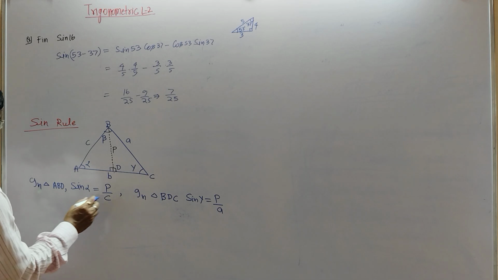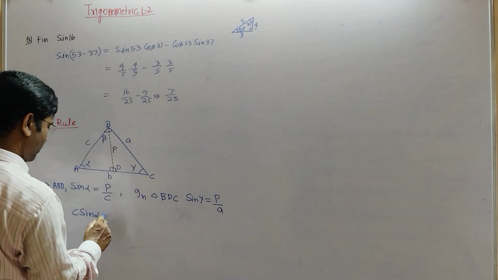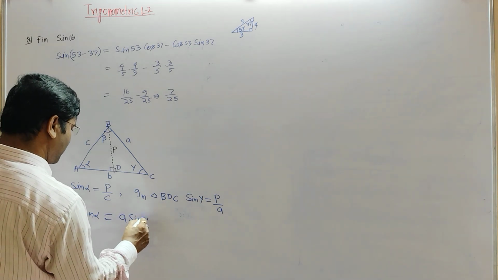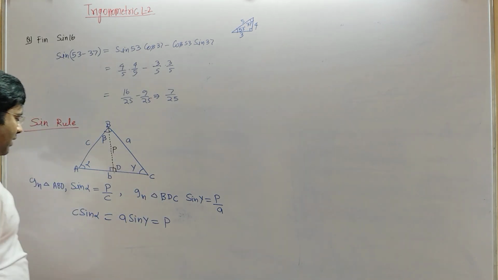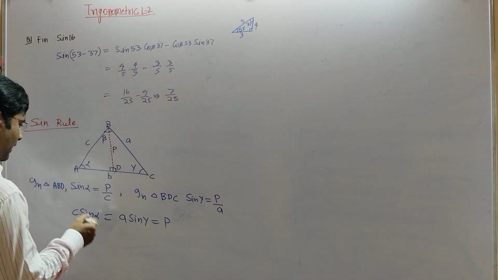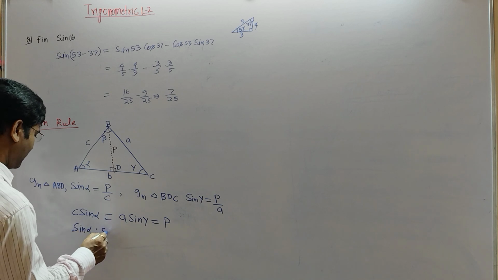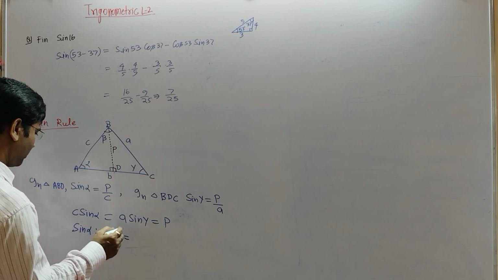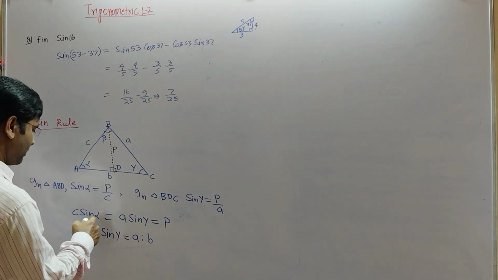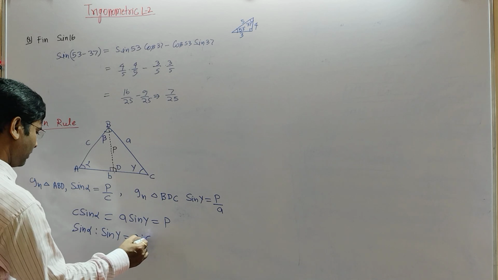So we can write c into sine alpha equal to a into sine gamma, because both values are p. Clear? So here we get sine alpha upon sine gamma equal to a upon c.